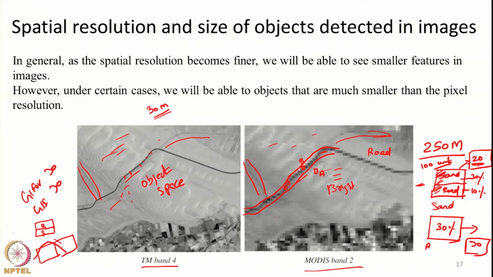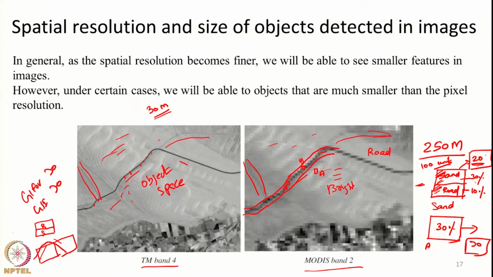So, the orientation of the road within a JFOV may vary, the percentage occupancy of the road within a pixel may vary, but even if some small portion of the pixel is occupied by the road, definitely there will be an influence on the outgoing radiance from that particular JFOV, which will affect the DN of that particular JFOV. Hence, the road width and those things may not be inferred from this, practically it is not possible.